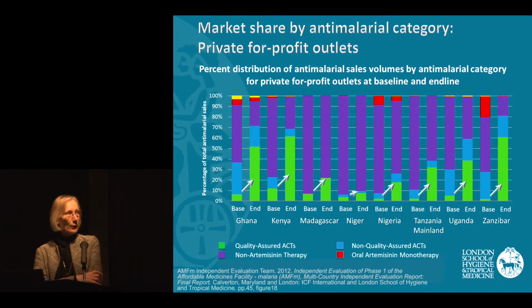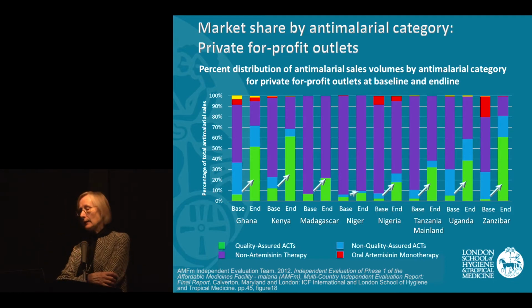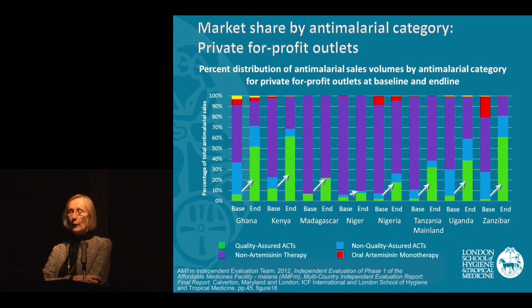And it shows that in all of these countries, there was a significant increase in the availability of quality-assured artemisinin combination therapies through this subsidy program. I haven't shown the public sector data here. There was also an increase in public sector availability at the same time.